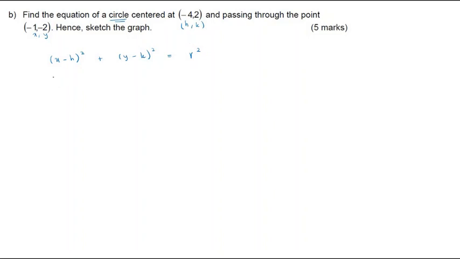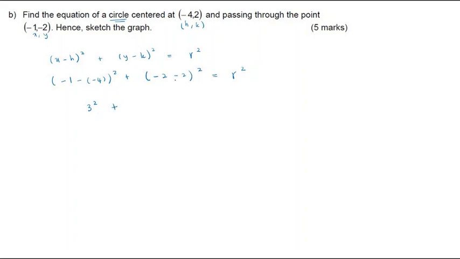(x minus h): -1 minus -4. (y minus k): -2 minus 2, square equal r square. Negative negative is positive, so 4 minus 1 is 3, power 2.